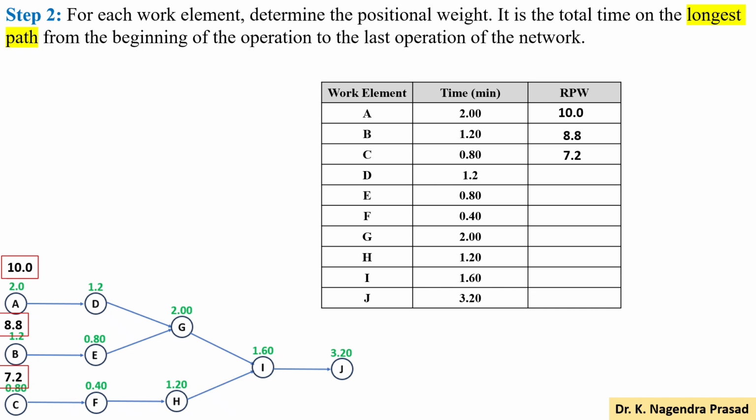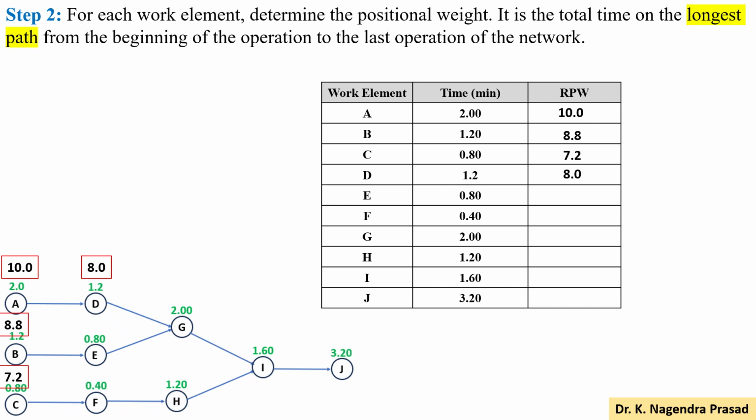So next for the work element D. The longest path is DGIJ, and positional weight is 1.2 plus 2 plus 1.6 plus 3.2. It is 8. So RPW value for the work element D is 8.